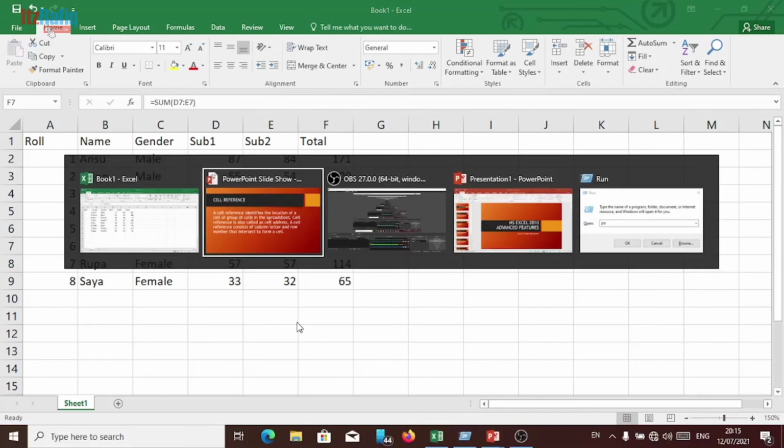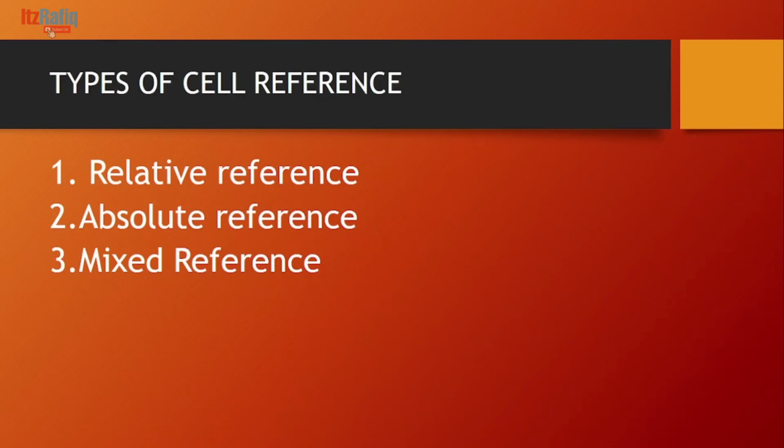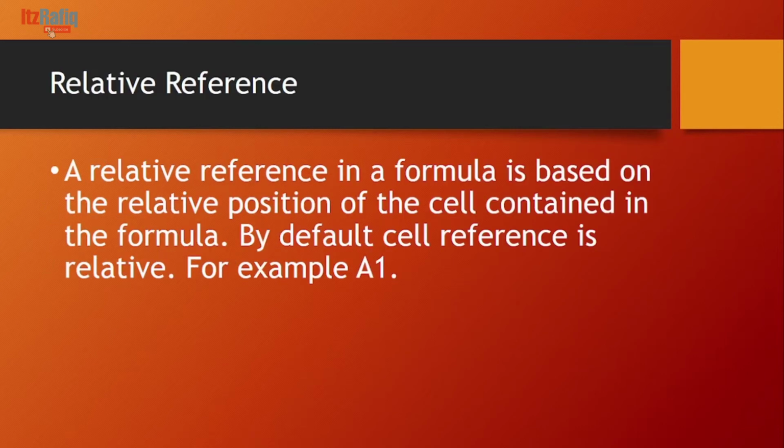Cell references are mainly of three types: relative, absolute and mixed. Now we'll go to the relative one. A relative reference in a formula is based on the relative position of the cell in the formula. By default, a cell reference is relative, for example A1.